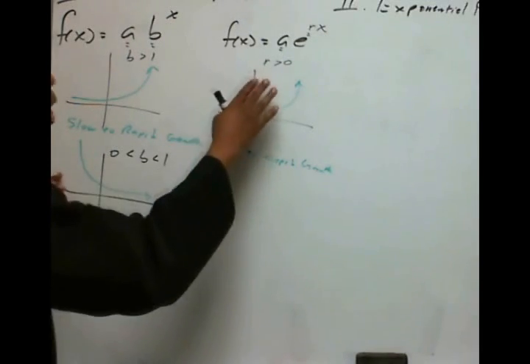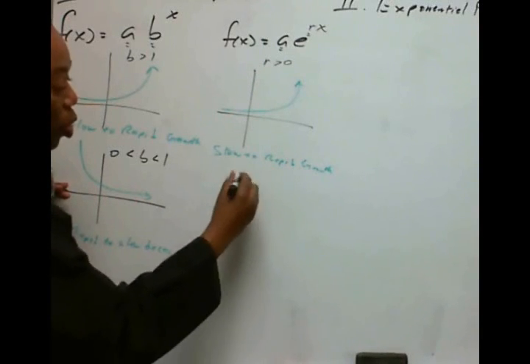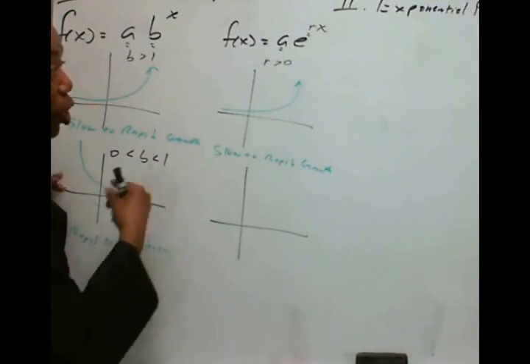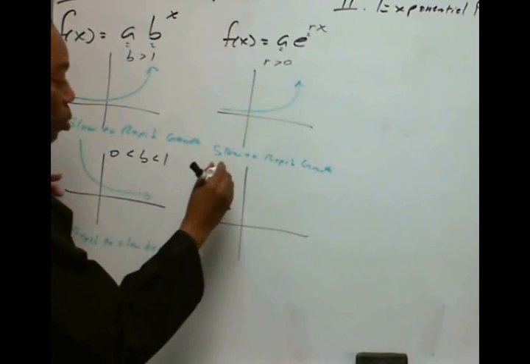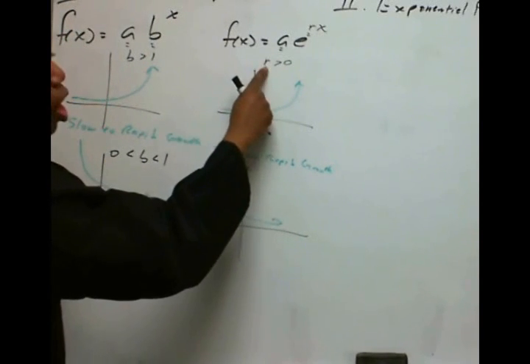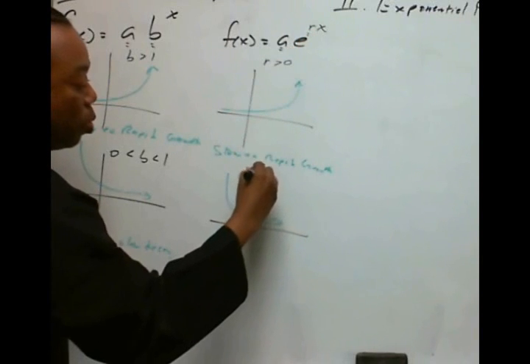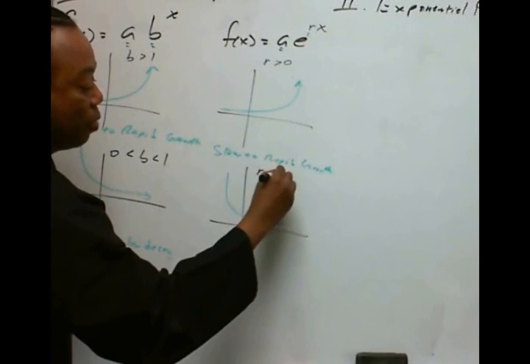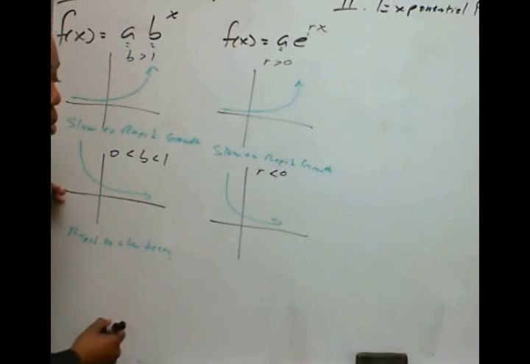And to get rapid to slow decay from this version of an exponential function, the r that's being used there would have to be negative. Less than 0 means negative.